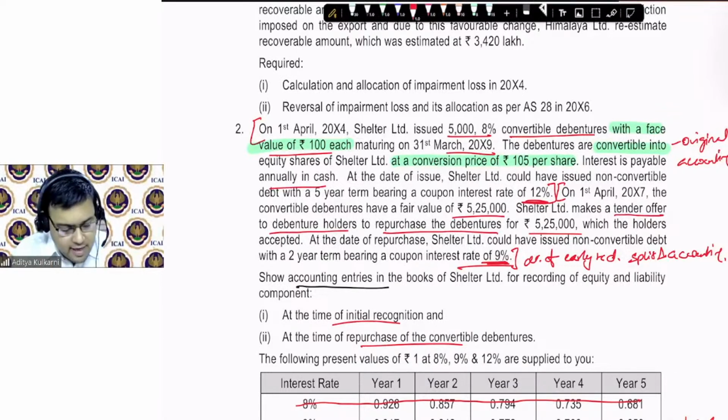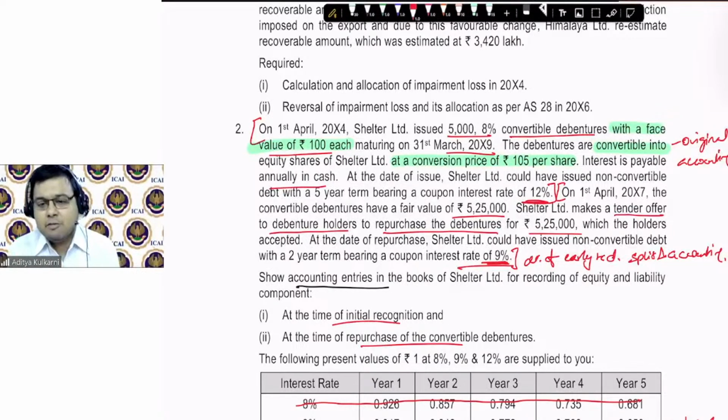And that is a very logical and justifiable assumption, because if an instrument needs to be early redeemed, it should be redeemable in the first place. But sir, these are convertible. Yes, that is why I'm telling you that both the options exist. It could either be converted or redeemed. So the first point is that it has both the features: conversion is possible, and redemption is also possible.